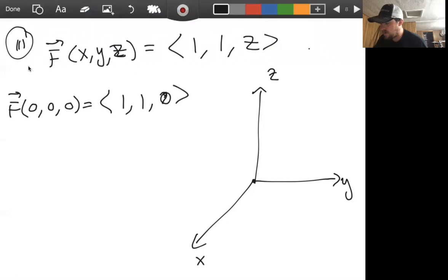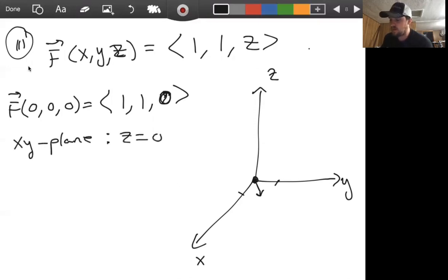And so the resulting vector is only in the xy plane, right? It's 1 unit up, 1 unit to the right. And so we'll get this here. And if you notice, the xy plane is when z equals 0.